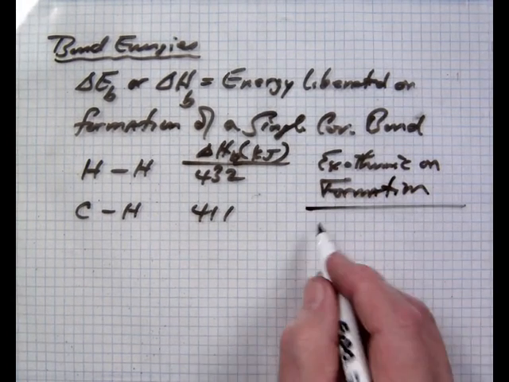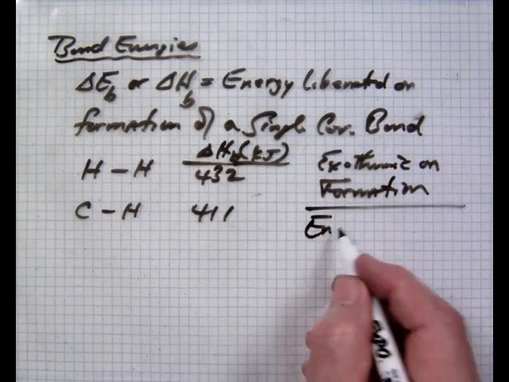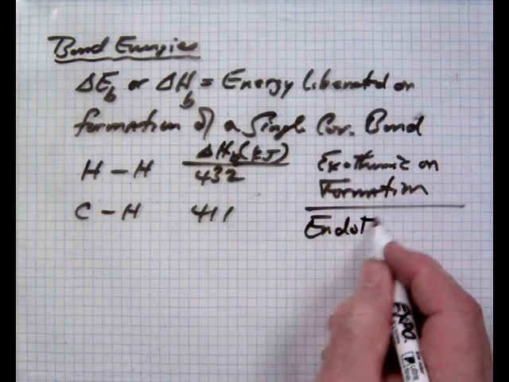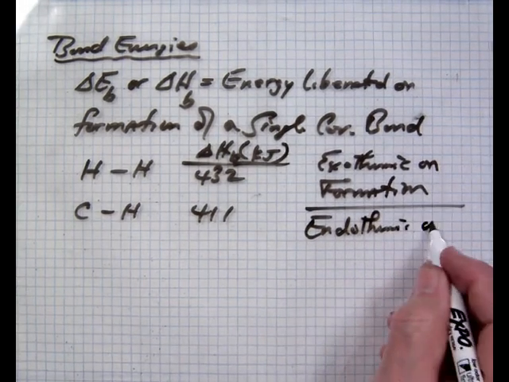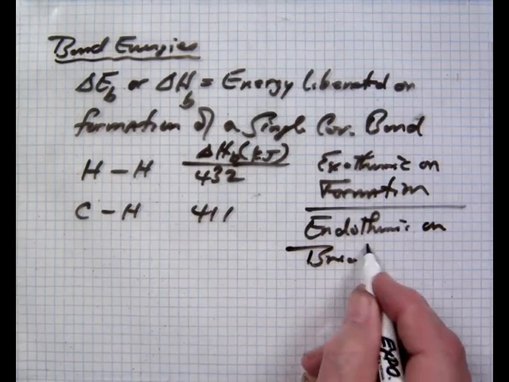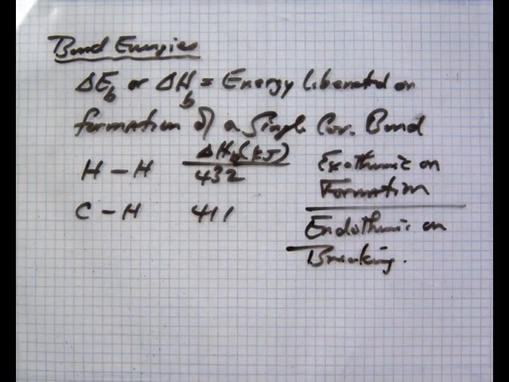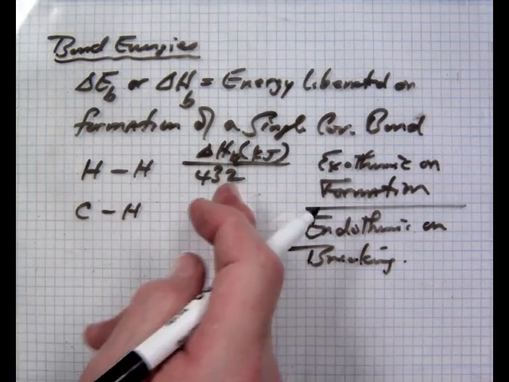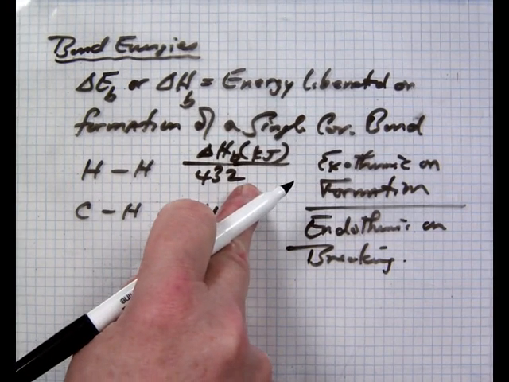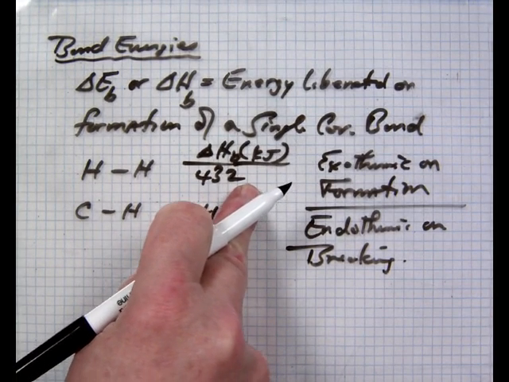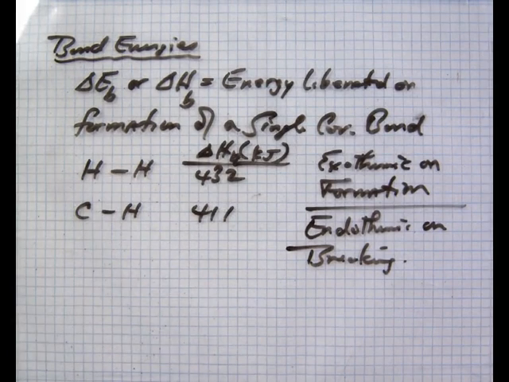And as you would expect, endothermic on breaking. So if I want to break the hydrogen bond, I have to put in 432 kilojoules. If I'm going to make a bond, I pull the 432 out. So that's what I'm saying.